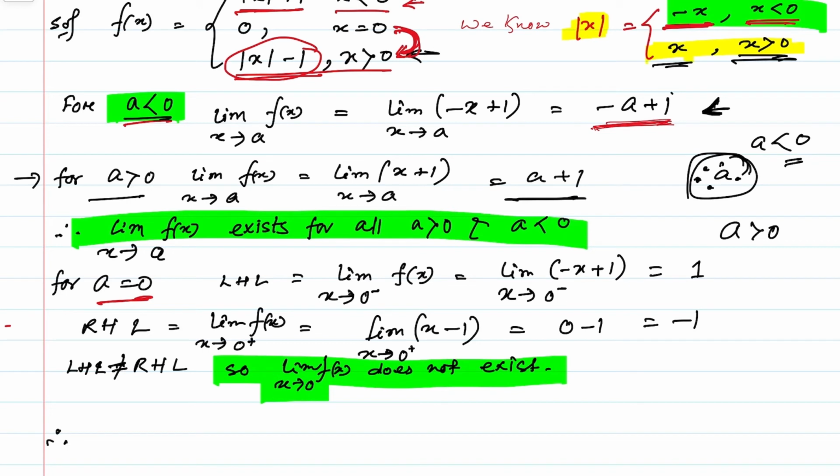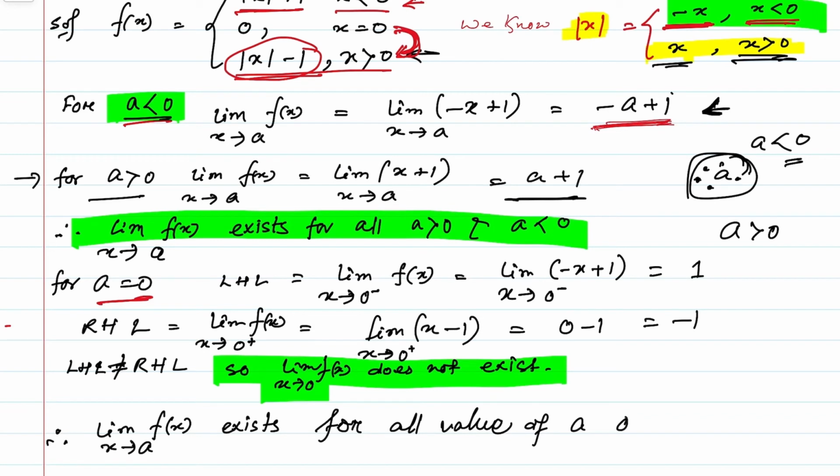Therefore, limit of f of x as x tends to a exists for all values of a other than a equal to 0. Only at this point this limit doesn't exist, otherwise it does exist. Okay, so hope you have understood this.